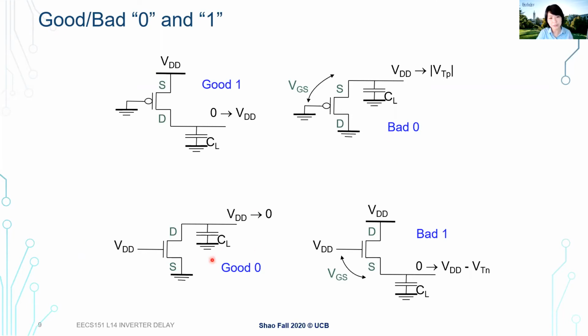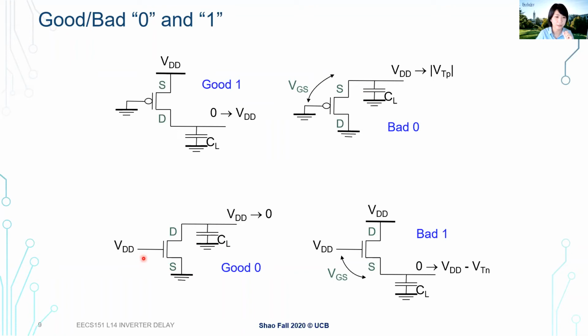So the reason we use NMOS in the pull-down network is that NMOS is really good at producing a good 0, and PMOS is really good at producing a good 1. We already covered that last time, but I want to make this connection. We can fully discharge our capacitor all the way to 0. Let me go through this quickly.